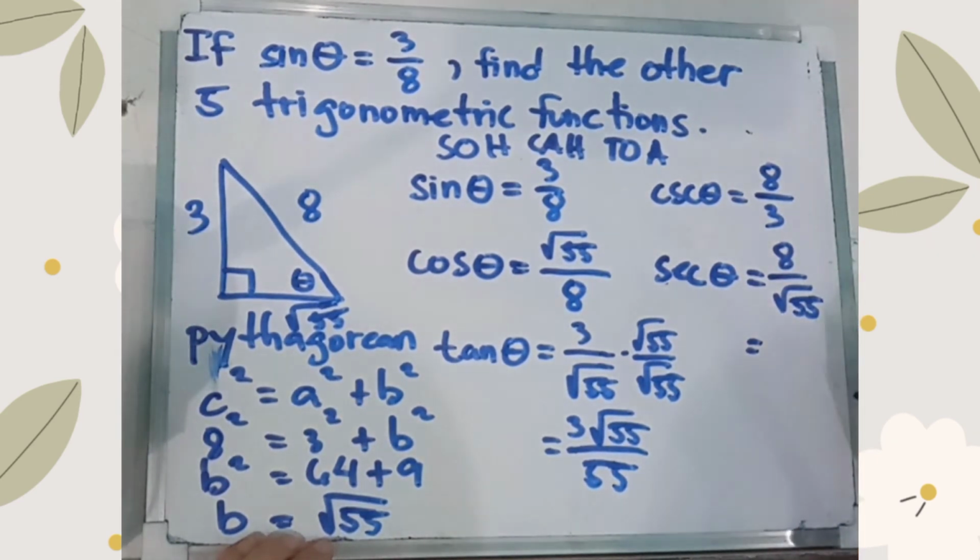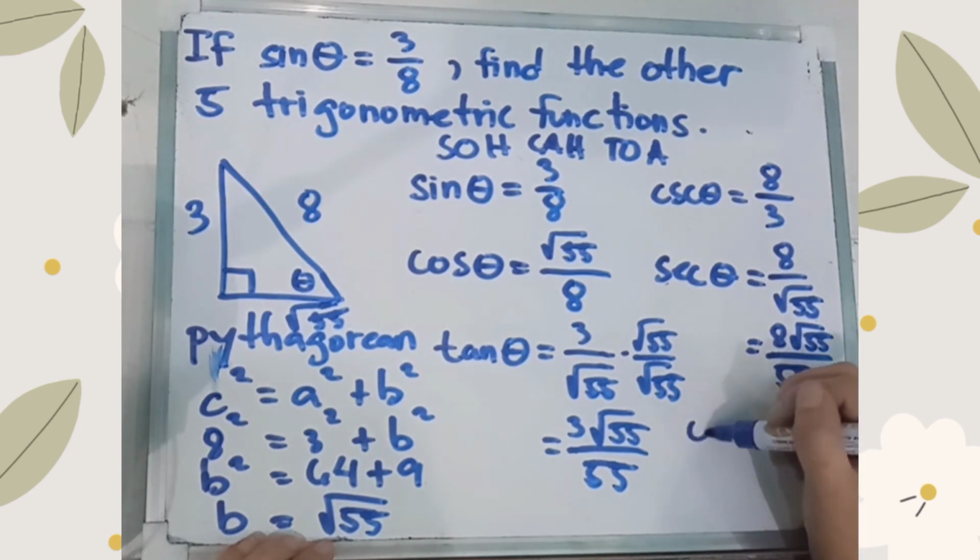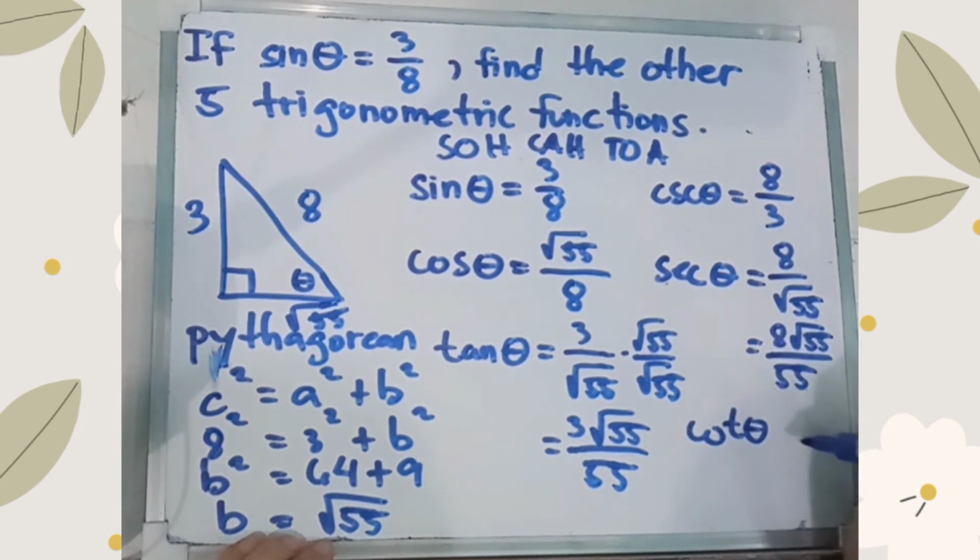If we multiply both the numerator and the denominator by the square root of 55, we will have 8 square root of 55 over 55.